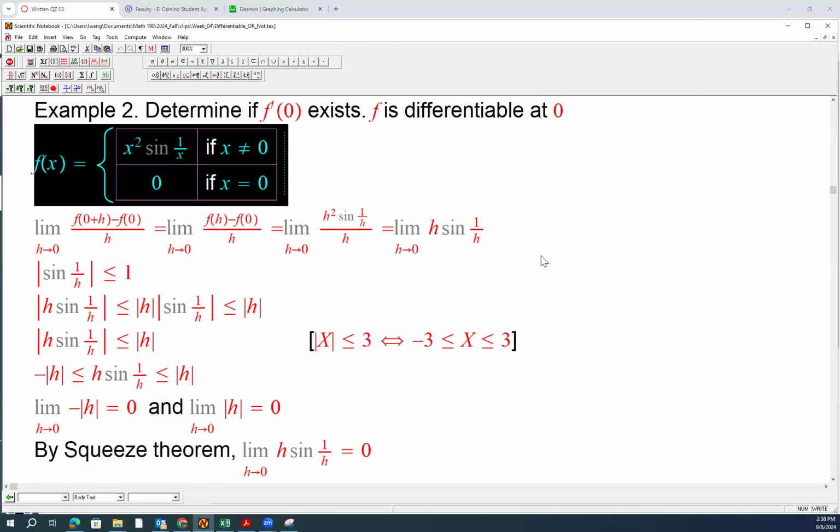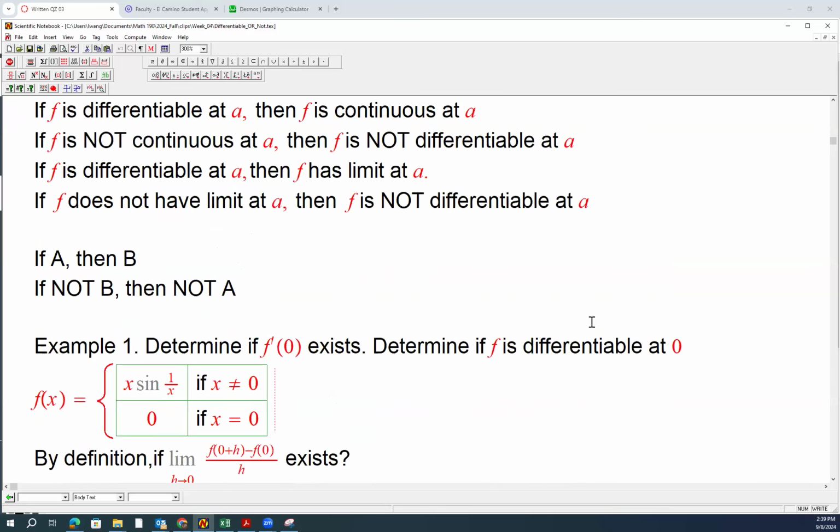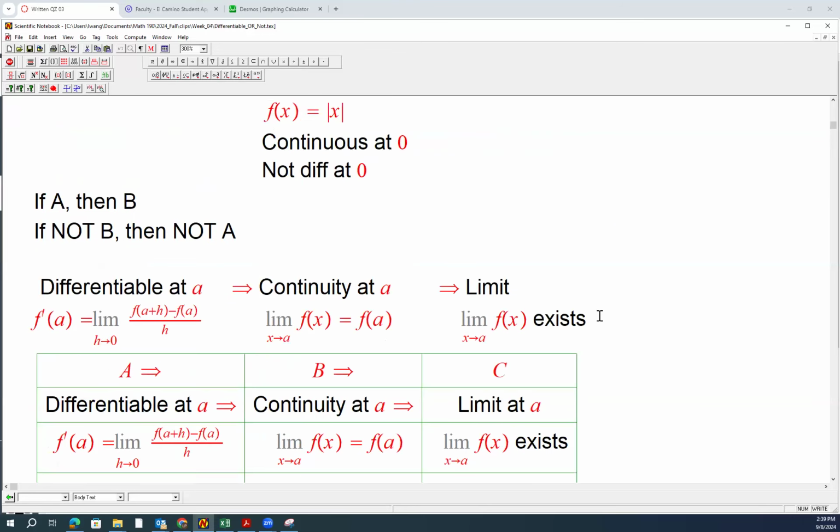If the limit does not exist, then there's no differentiability. If it's not continuous, it is not differentiable. So using these relationships is also helpful to determine differentiability in different circumstances. There are many, many examples we can address, but I try to make this short.